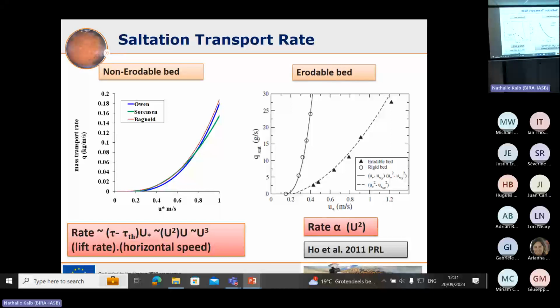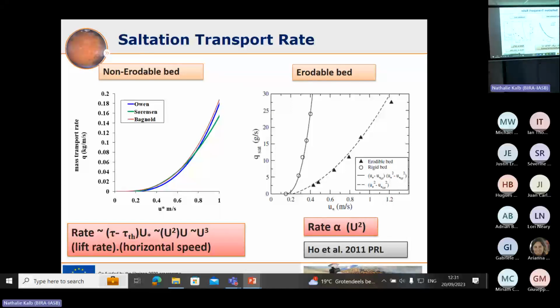If you have what's called a hard bed, a hard floor essentially, and a few sand grains on it, they can get really fast and bounce really high, and then you get this kind of transport rate as a function of friction speed. I probably forgot to define friction speed. This is not related really to the actual free wind speed.